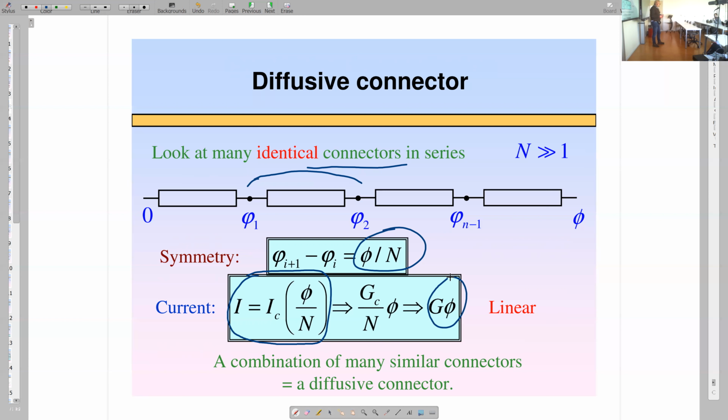Well, in this case, in order to traverse the whole chain of connectors, the electron will have to bounce many times in these nodes. So its motion through the whole circuit will necessarily be diffusive. It's a qualitative argument.